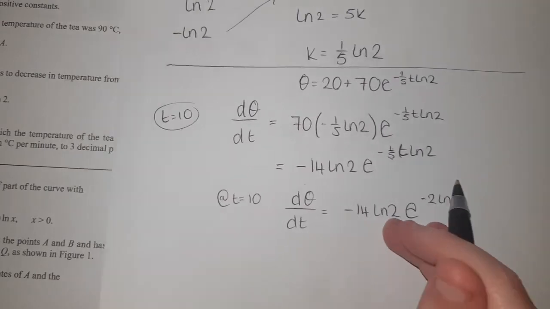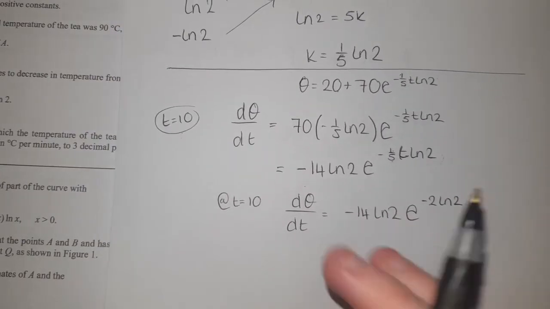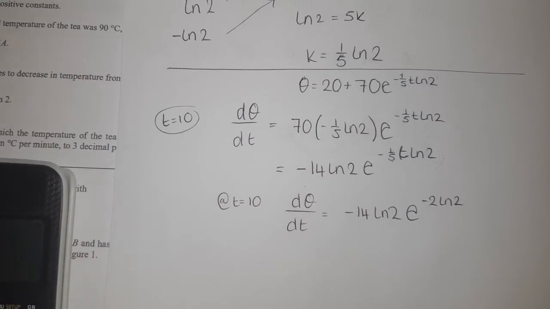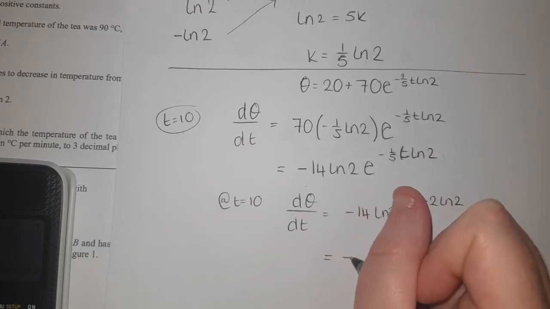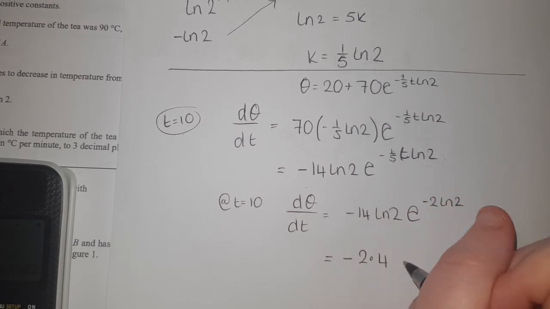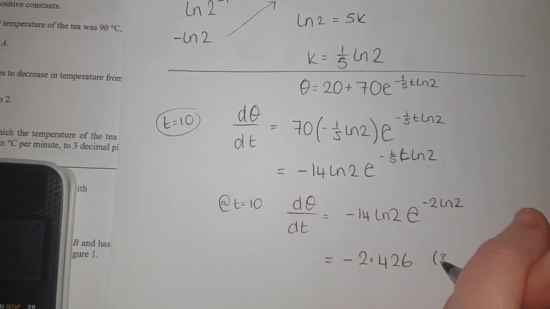Does it say in terms of, no, it just wants 3 decimal places, so you're literally going to chuck that in a calculator. Minus 14 ln 2 times by e to the power of minus 2 ln 2. You get minus 2.426 to 3 decimal places.